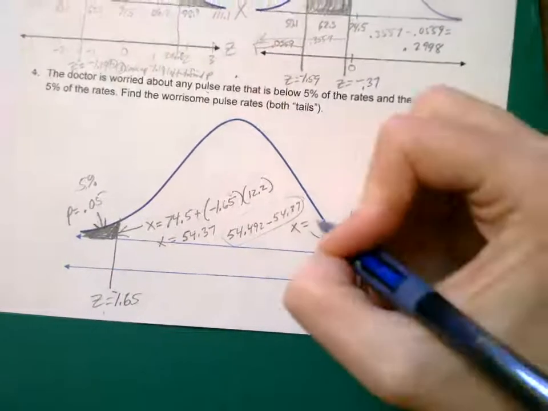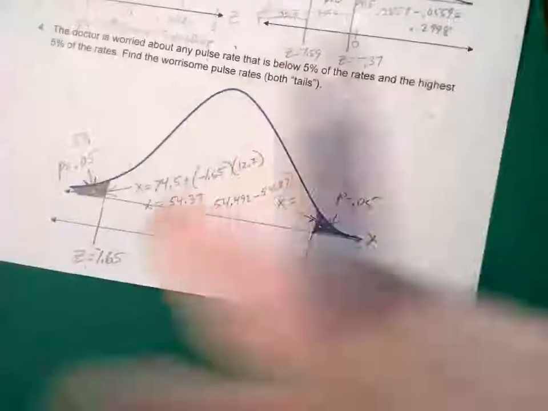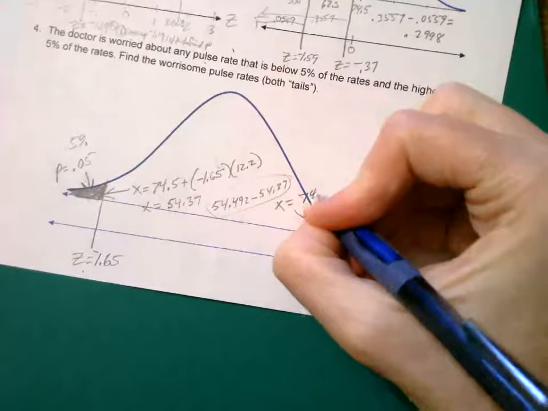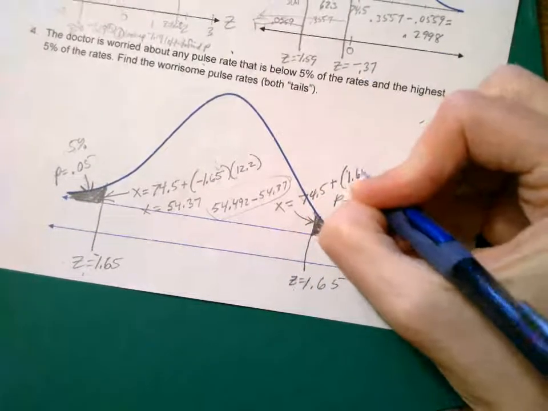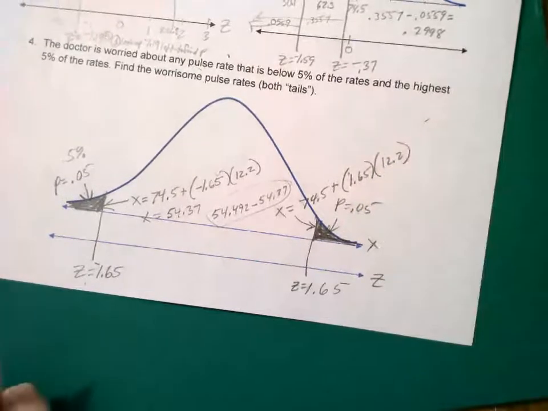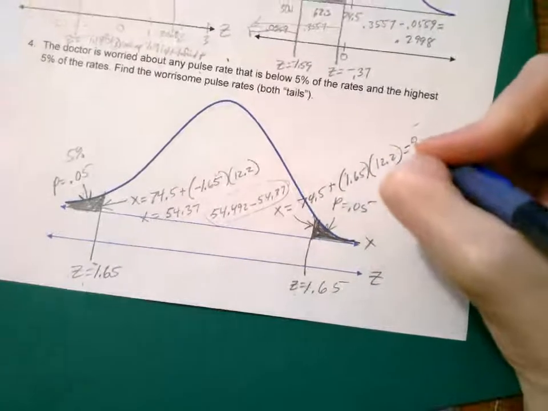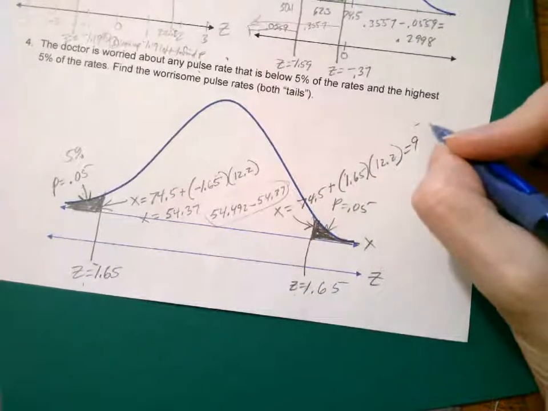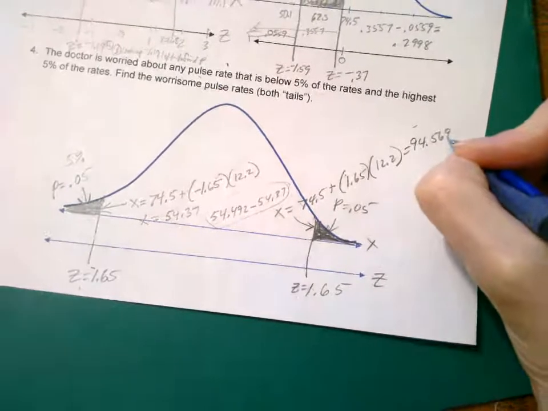And then this one would be 74.5 plus 1.65 times 12.2. This is going to come out to 94.569.